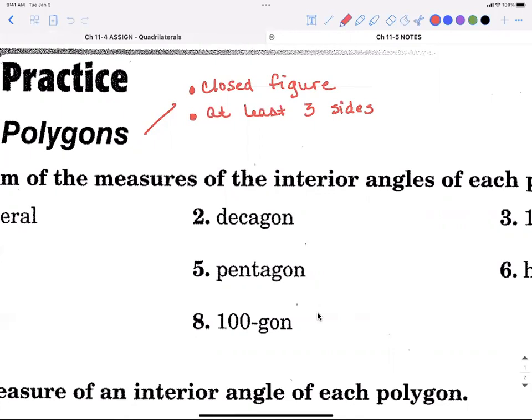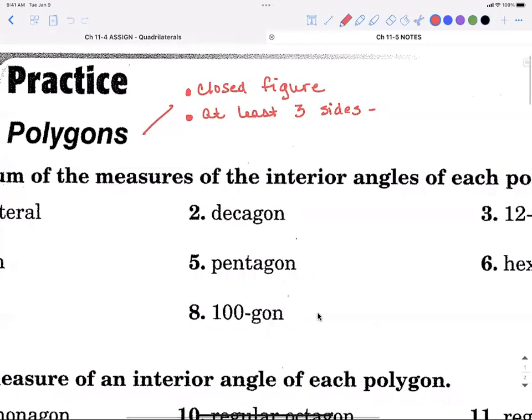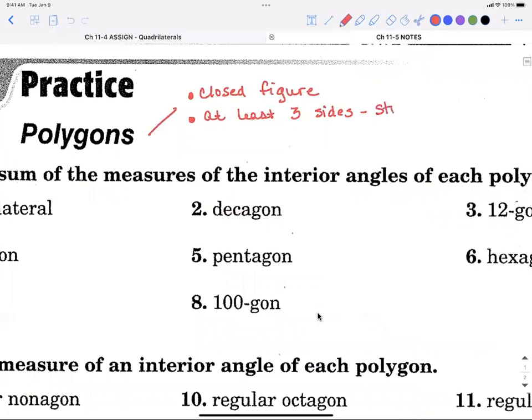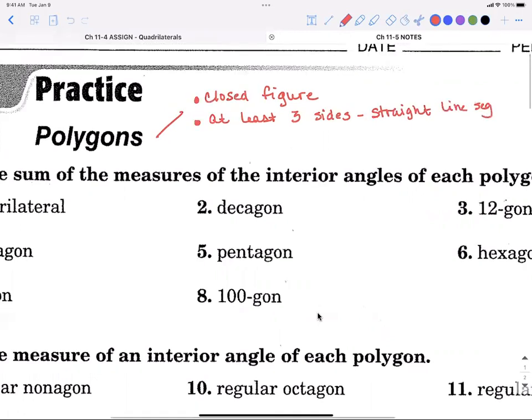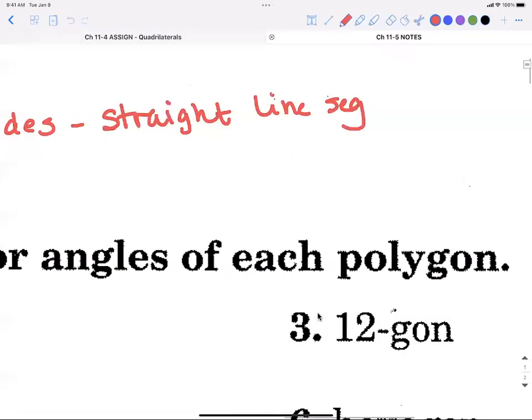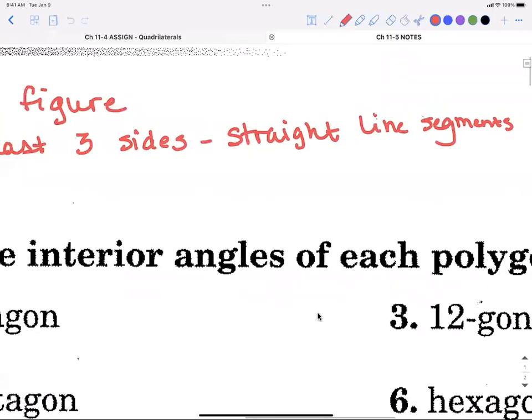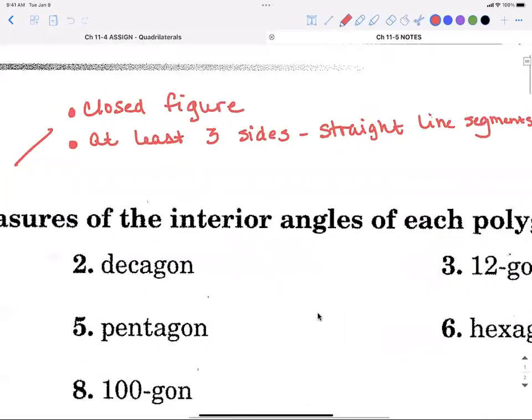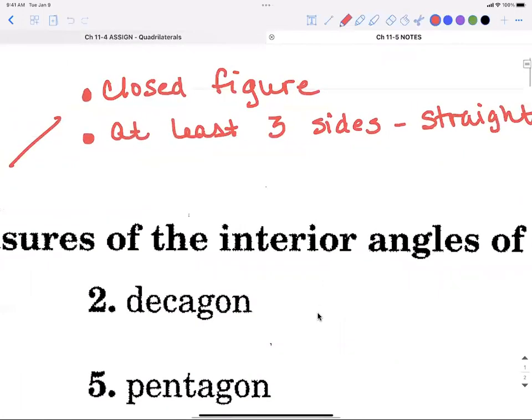And the sides have to be straight line segments. So basically nothing curved. If it has any kind of curved edge to it, it's not a polygon. And the last thing, and there's a very technical way to say this, is that they must meet at only the end point, but basically it means no crisscrossing.